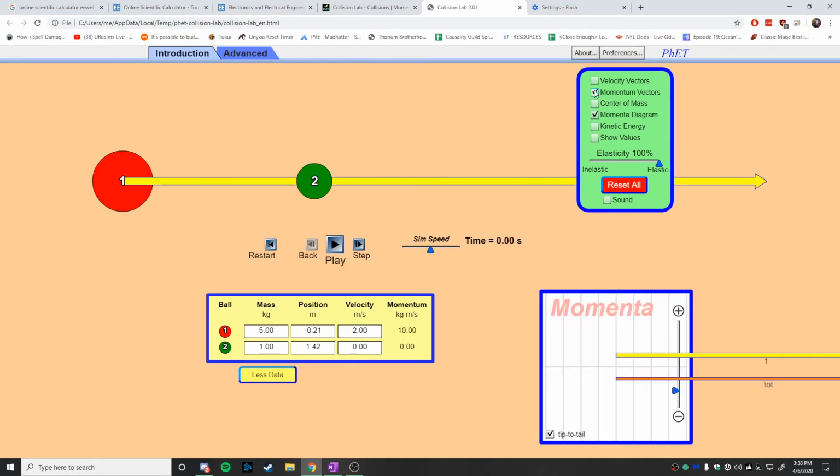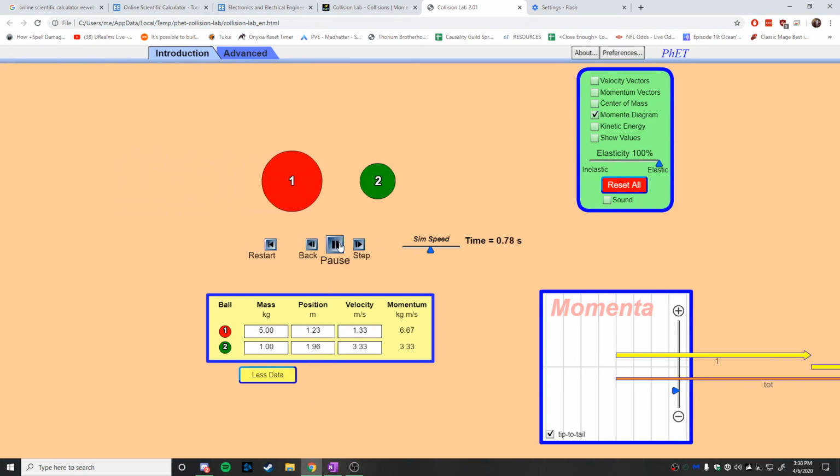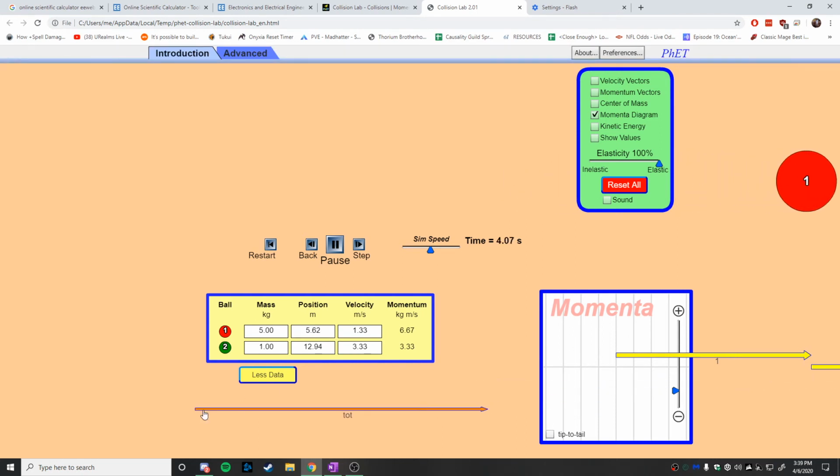What does the momentum diagram do? Oh, it's kind of nice, except it's going off the screen. Can I move this? That's the total. I can move these. That's the momentum of ball 1, and this is the momentum of ball 2. That's kind of nice. You can see that they add up to each other.